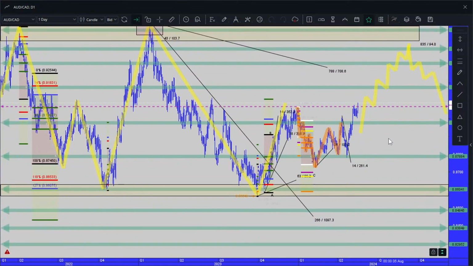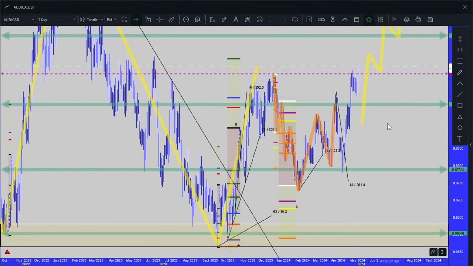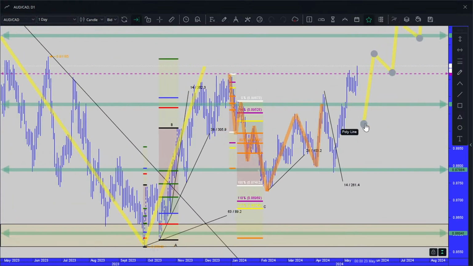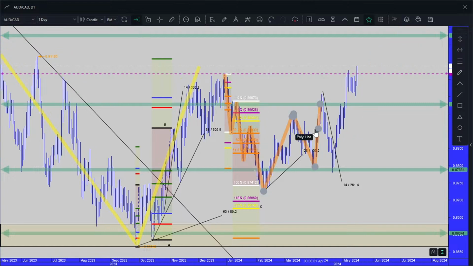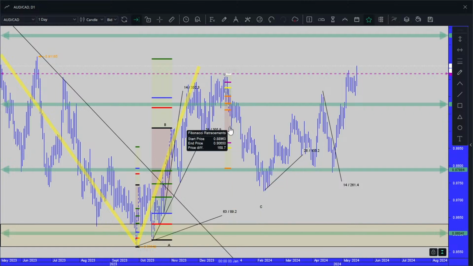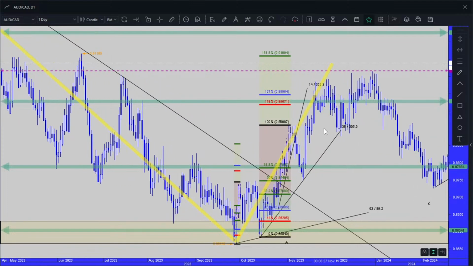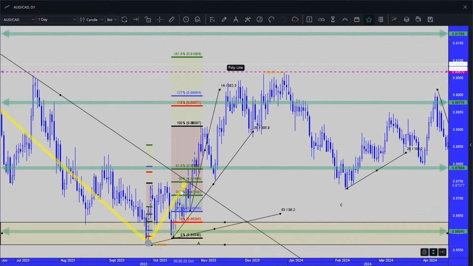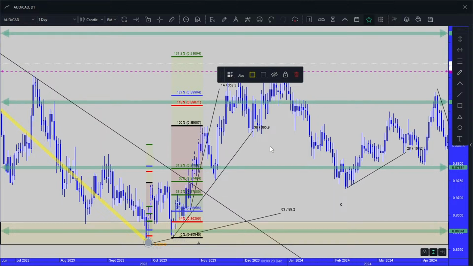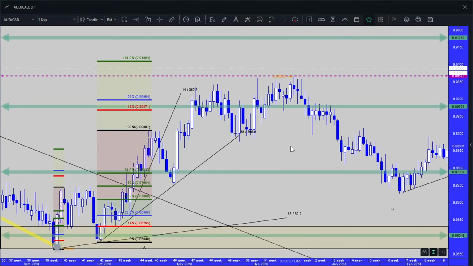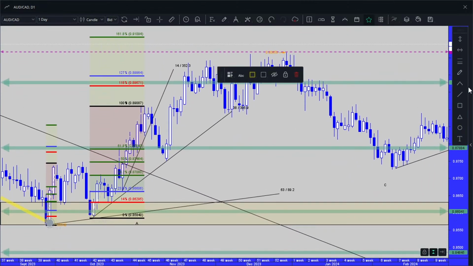Alright, now let's see, this is the most recent Fibonacci on AUD-CAD daily chart. Let's see if we can find some false crowns. And yes we do. Can you see, everybody? Look in here.